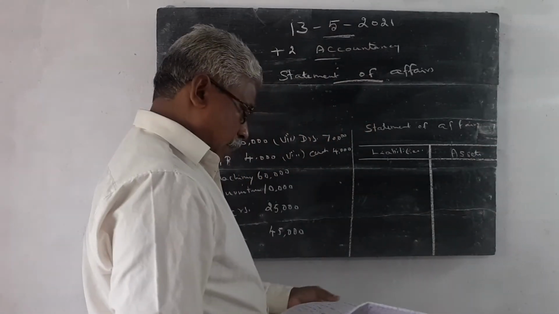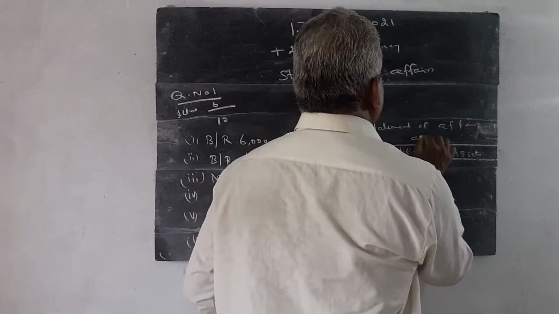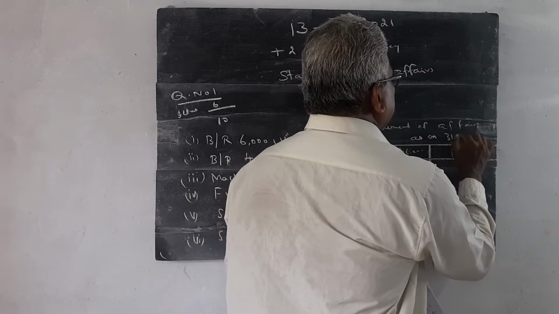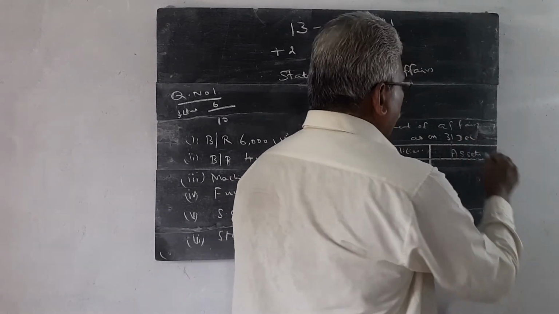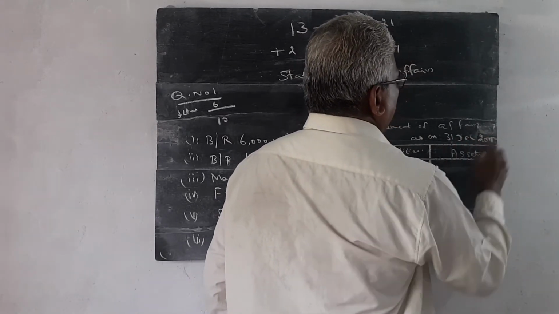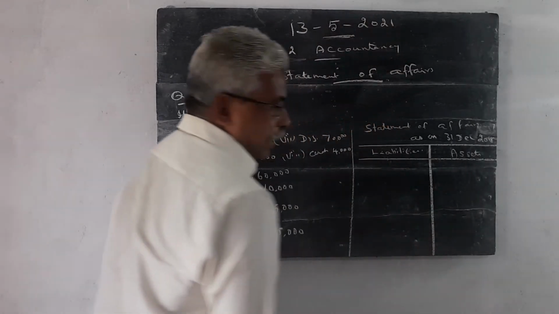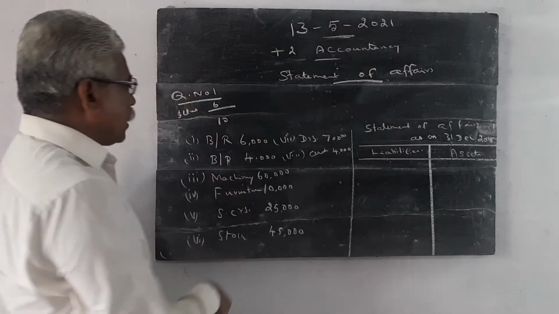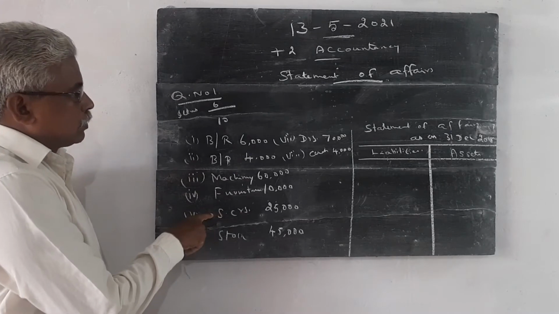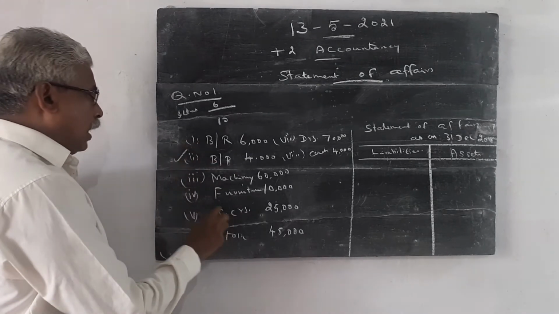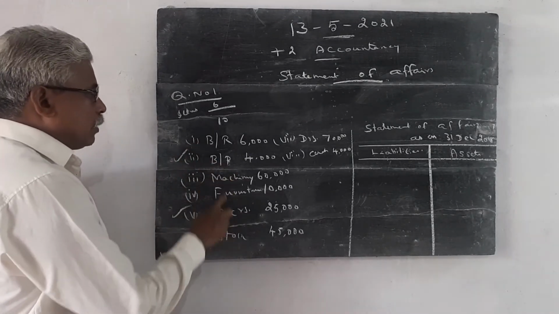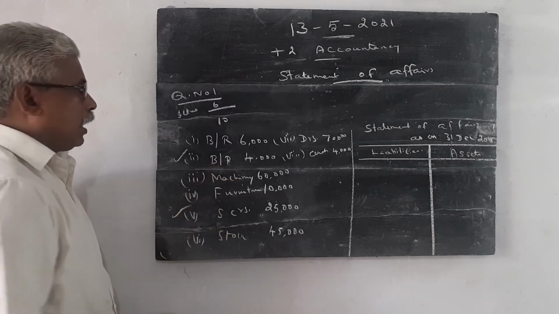Statement of affairs as on 31st December 2018. Assets are entered here, liabilities are entered here. In this question, we have two liabilities, bills payable and sundry creditors. These two items are entered in the liability side.